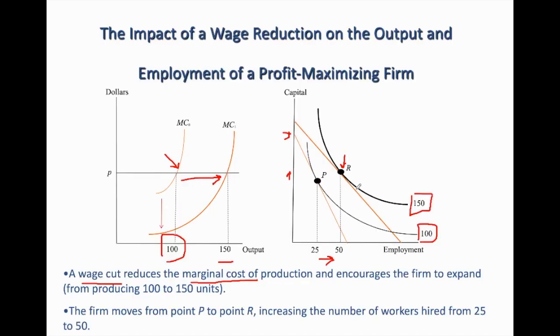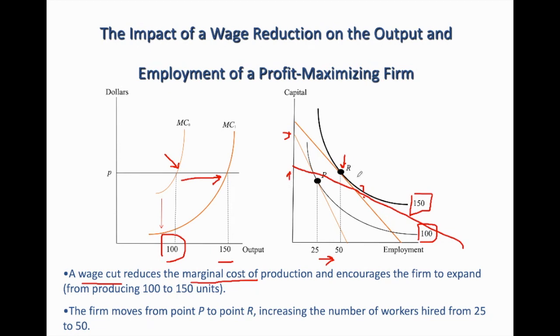So such possibility is possible, and let's say we can show that by something like this, where I draw another new isocost like this. Let's say this is point T. Let's say T is the tangential point. Over here, see that the firm now hires more workers, and in terms of capital, it is much lower than the initial amount of capital.